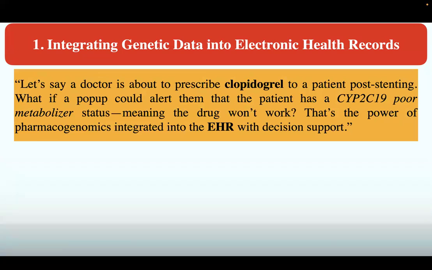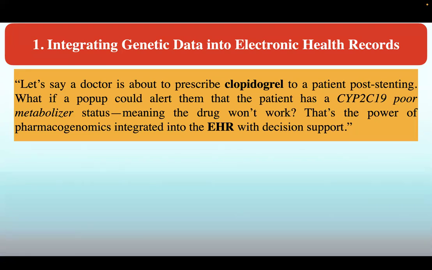So you can imagine this. Let's say a doctor is about to prescribe clopidogrel to a patient post stenting. If the doctor is about to prescribe clopidogrel, what if a pop up, that is nothing but an alert, could arise and tell the doctor that the patient has CYP2C19 poor metabolizer status.